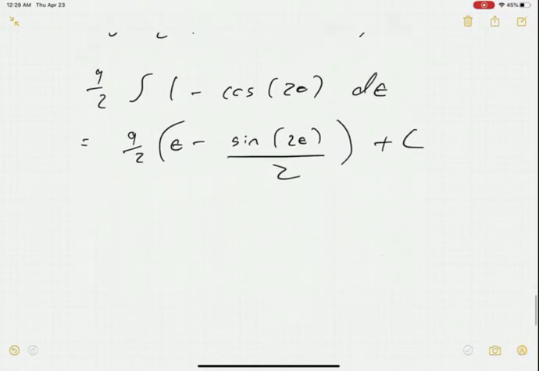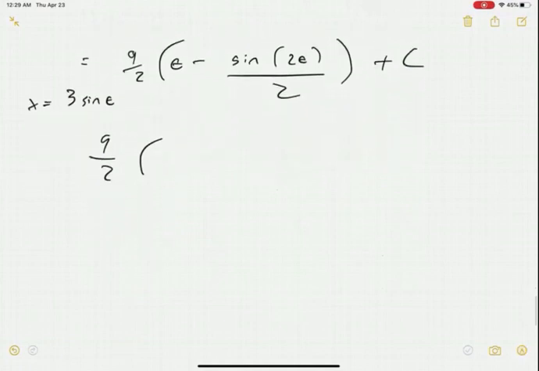Now, how do I need to undo my trig stuff? Let's see, using the original substitution. If x equals 3 sine theta, then x over 3 equals sine theta, and theta equals sine inverse of x over 3.